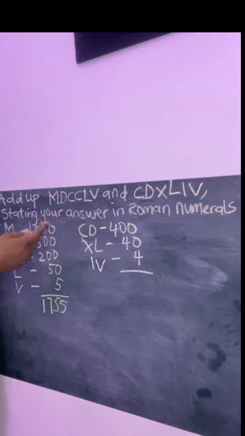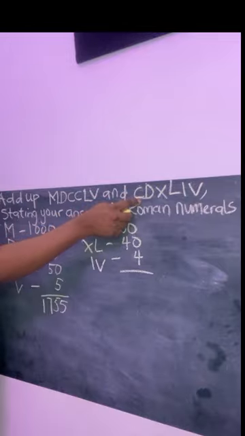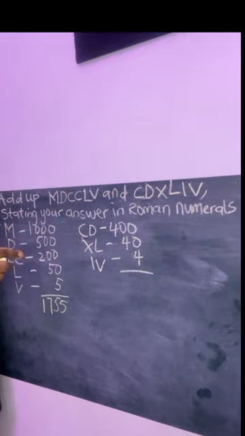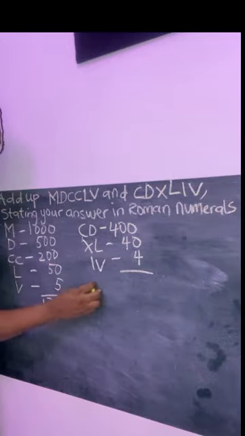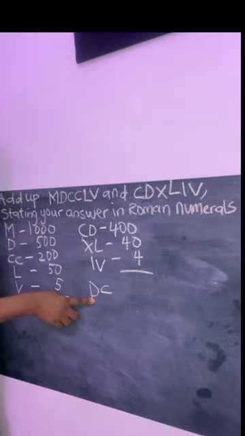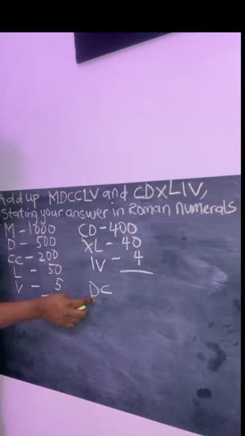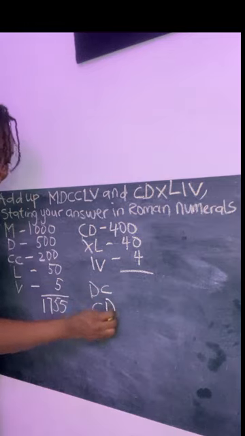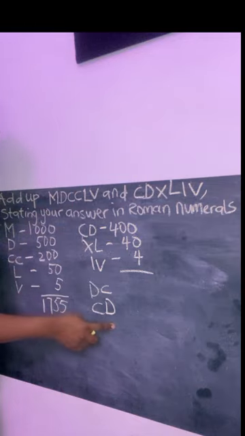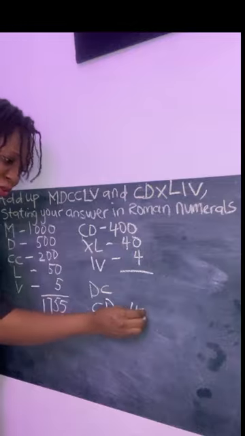Your C will never come before D in a normal setting. You have to write your 500 first before you write your 100. So if I have something like DC, this is my 500 first before my 100. But my 100 can never come before my 500. So anywhere I see my 100 before my 500, it stands for 400.